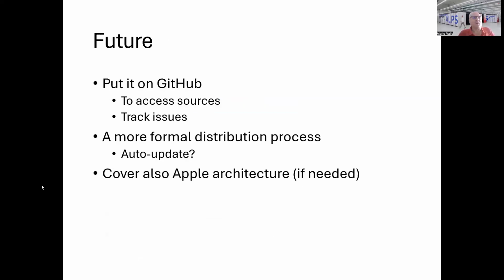Future. As I said, I plan to put it on GitHub to access sources and to track issues, to have a more formal distribution process. Currently, I send the kit to Professor Roganov and Carlo Nervi for the Unix side, and then somehow it is distributed to the group.